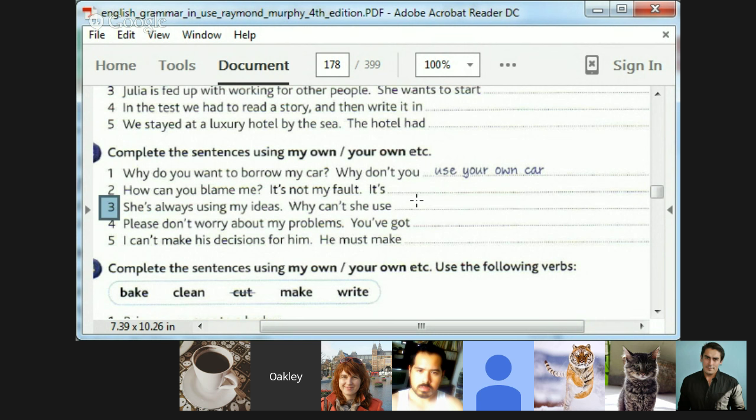Good. Without the word ideas, because we can already assume that's what we're talking about. In natural spoken English, that would be probably the more normal way to express it, but it's not wrong to include the object noun. We often omit it because it's assumed that we're still talking about the same thing.